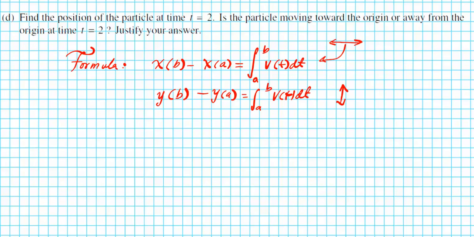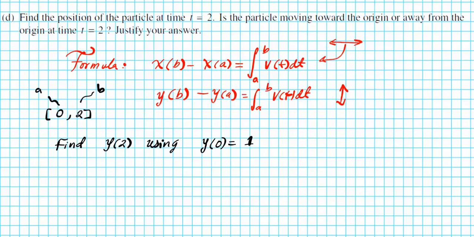So in this problem, what we're going to be doing is we have an interval. Okay, the interval is from 0 to 2. So that makes this our A, and that makes this our B. So what we're looking for is to find y of 2, the position at t equals 2, using the initial condition that was provided at the beginning of the problem, which is that the position y of 0 is equal to 1.